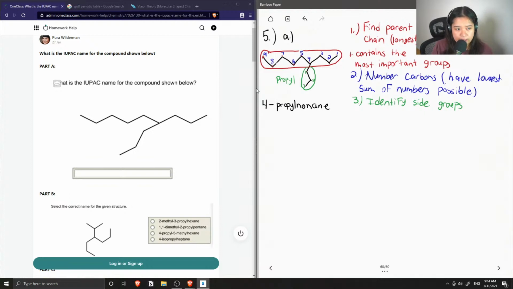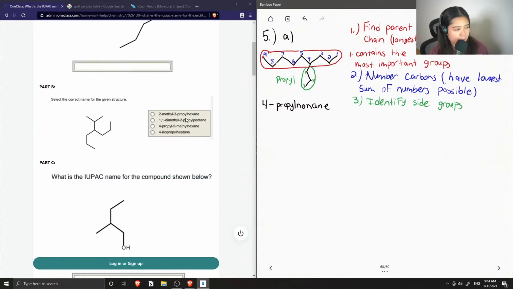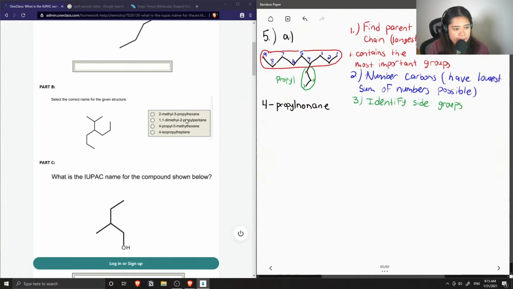So our final answer is 4-propylnonane. Okay, so now let's do the same methods and answer part B. So it's a more obscure looking carbon chain.